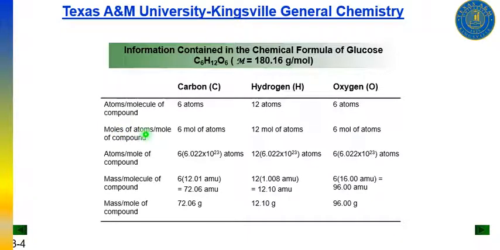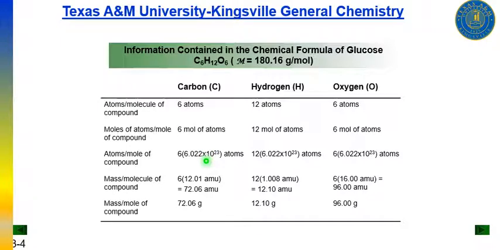Moles of the atoms per mole of the compound. Assuming you have 1 mole of glucose, you have 6 moles of carbon, 12 moles of hydrogen atoms, 6 moles of oxygen atoms.